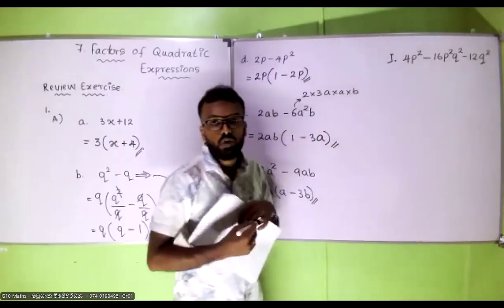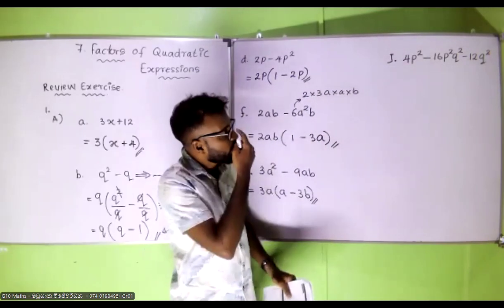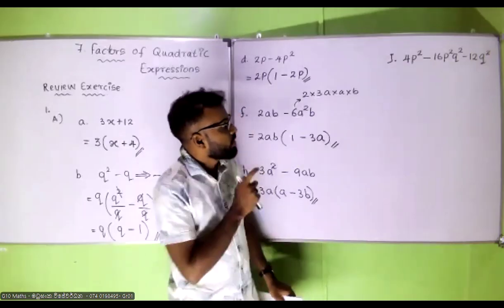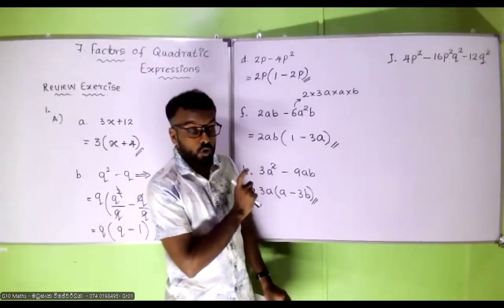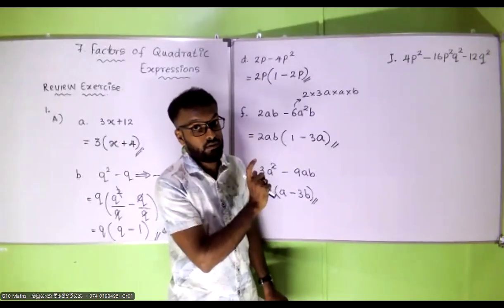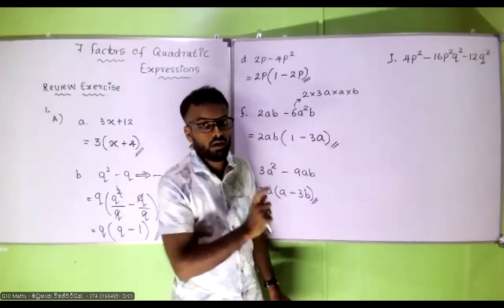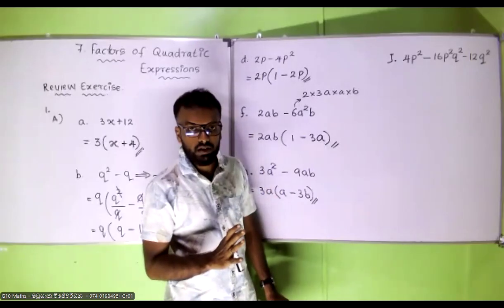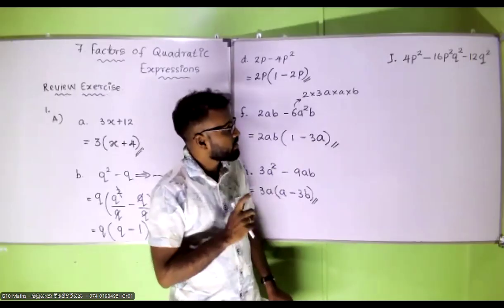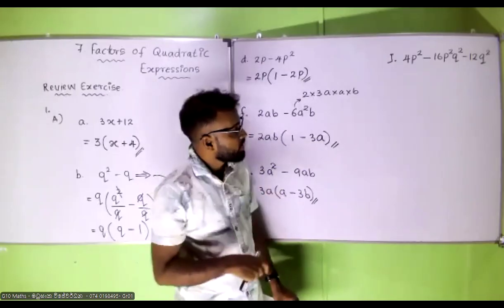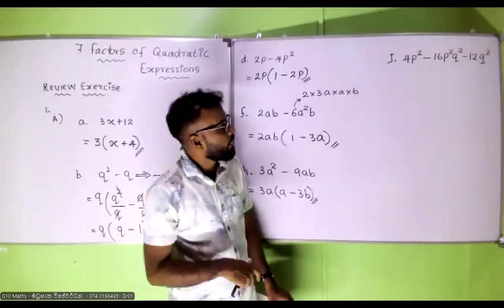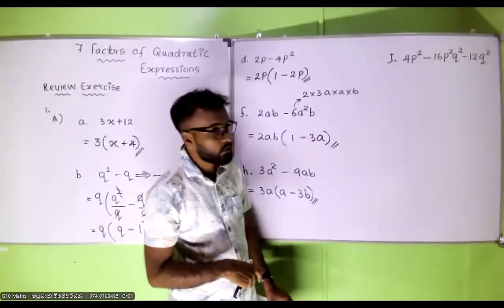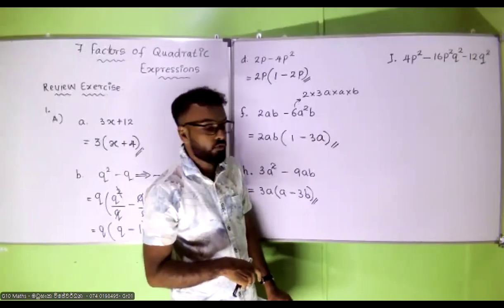By looking at that, when you compare the numbers for 16 and 12, all of the numbers are multiples of 4. So what would be the maximum common term that you can take out? It should be the highest common factor. It should be 4, right?